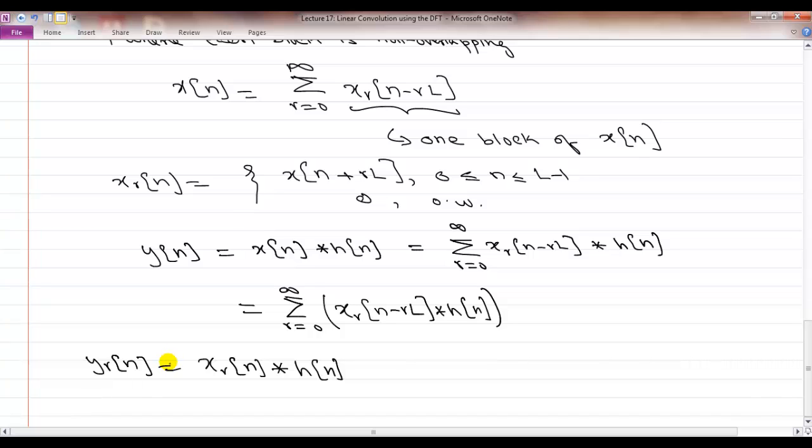By the LTI property, my output gets shifted too. So this is simply equal to the sum over r from 0 to infinity of y_r[n minus rL].